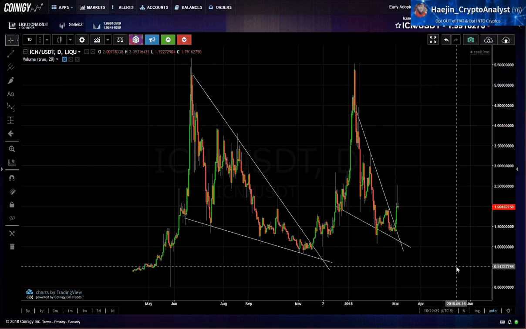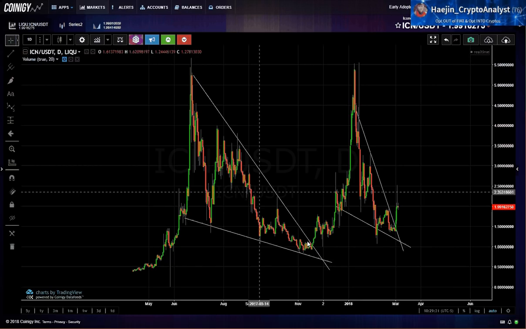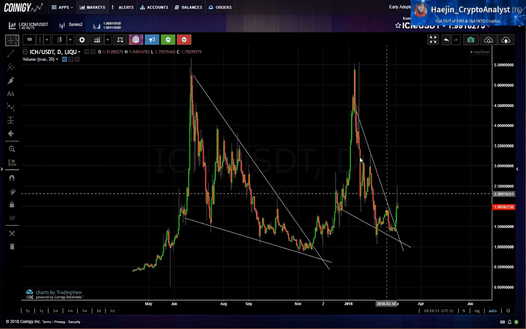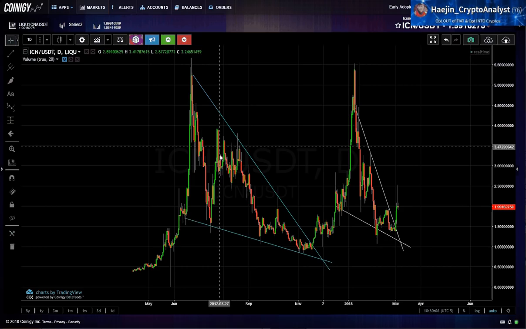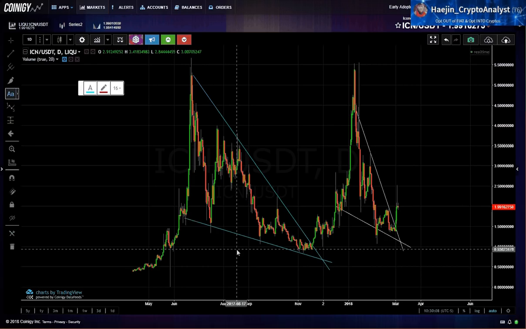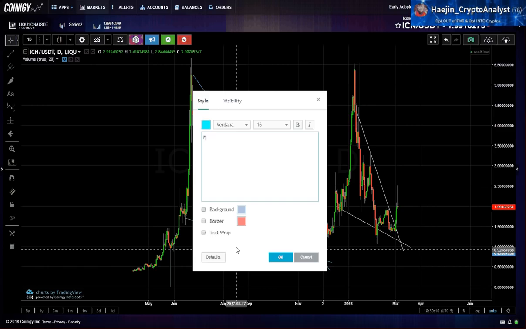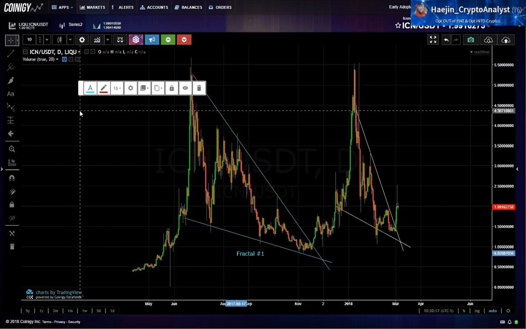And time and again, we quite often run into fractals, just like what you can see here. So you can call this fractal 1. And here is fractal 2.